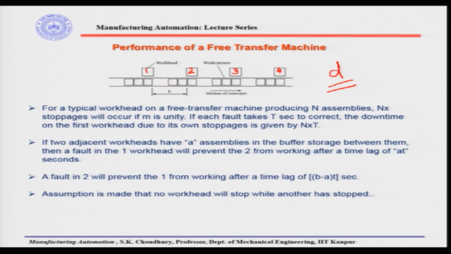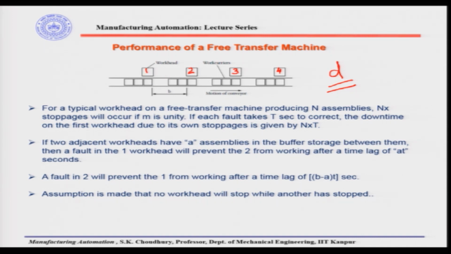Suppose there are A1 parts in the buffer and B is the buffer stock volume, the maximum number that can be held. Then B minus A1 times small t, the cycle time, is the time till 2 can work if 1 stops.